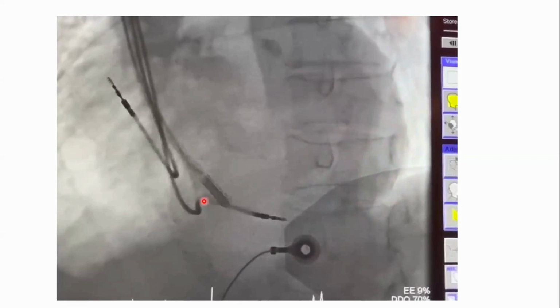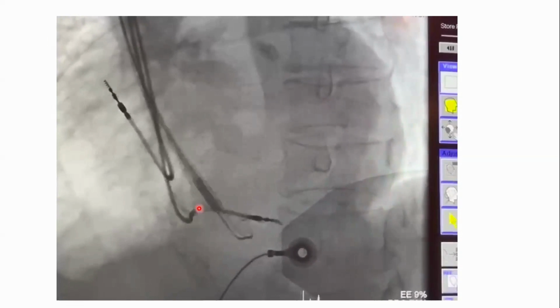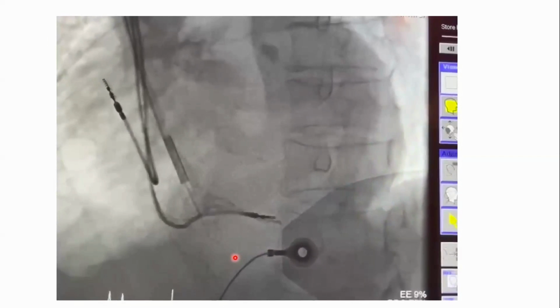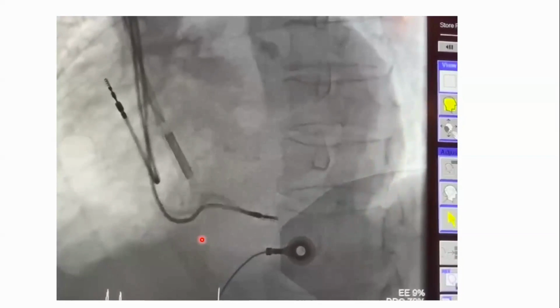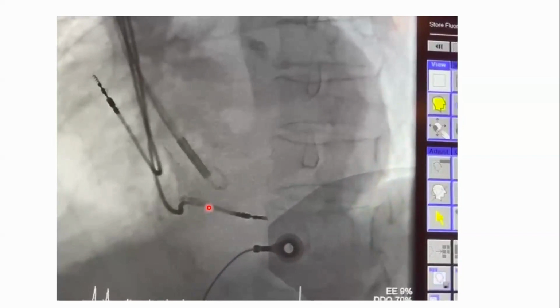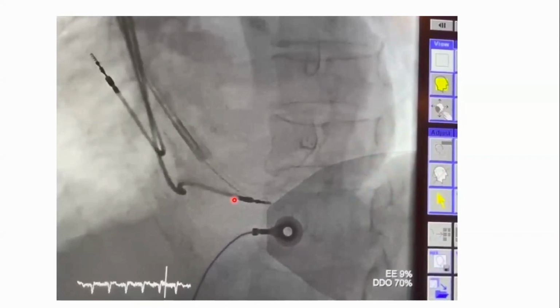The technique is that we usually advance the wire into the right ventricle initially, and once we get into the right ventricle, then we put the guide into the right ventricle. Once we are in that position, we gently withdraw from the right ventricle with an anti-clockwise twist.